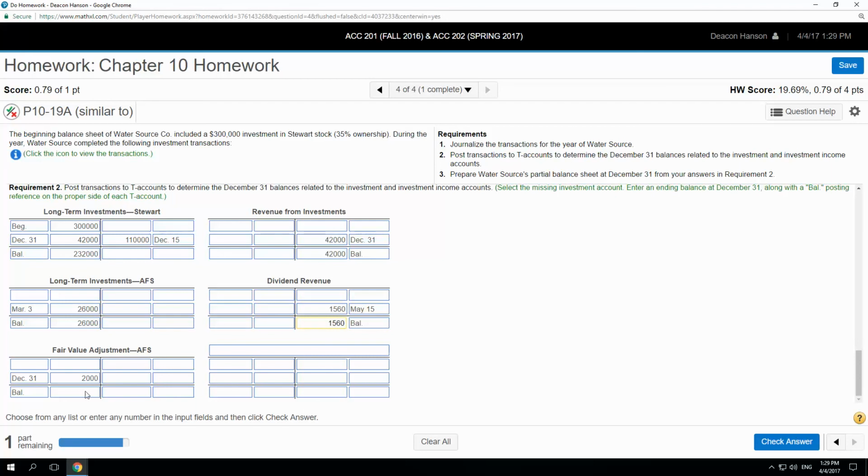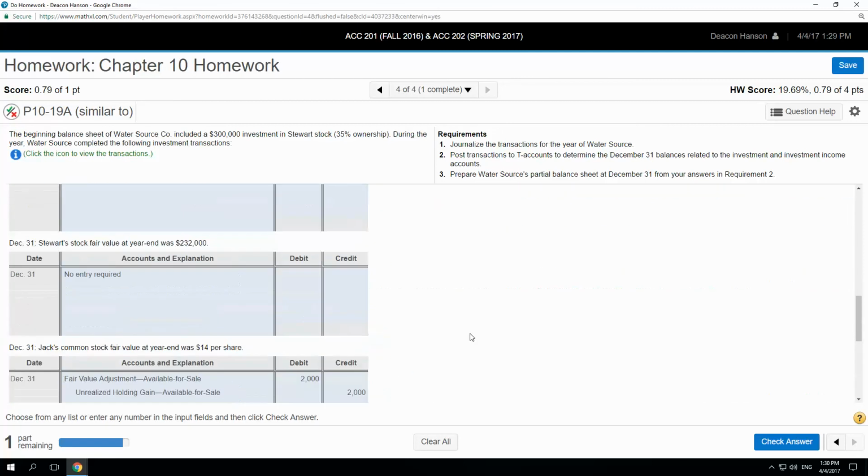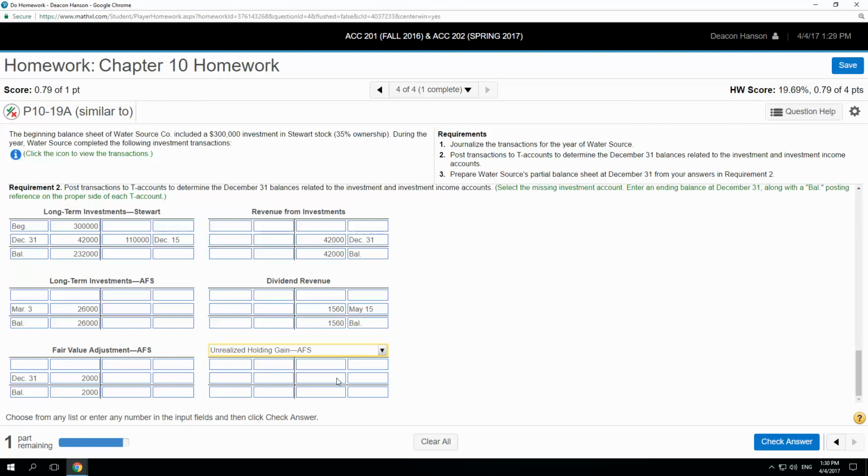And we almost made a mistake here, right? Because the one that we have to put in is that unrealized holding gain available for sale. We've got to put the title in here. That's the one account they don't give us the title to. And let's make sure, 2,000, right? So the balance is 2,000.